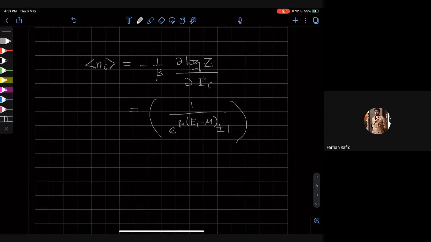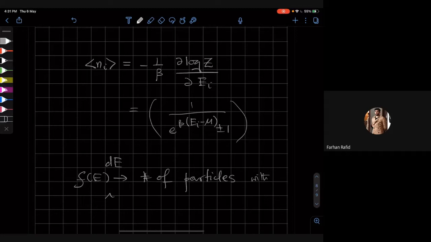So we can identify the distribution function f(E). So f(E) dE is the number of particles with energy between E and E plus dE.